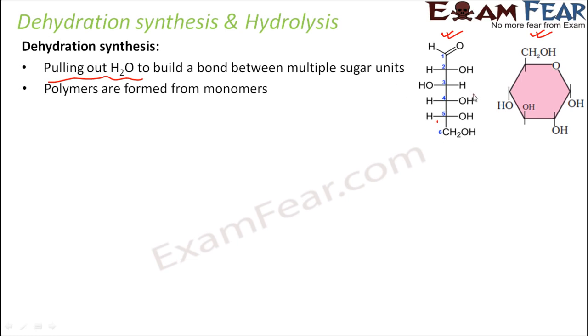There will be one OH here, and another OH in the other molecule. Let us suppose this is the OH of the first glucose. Again, there is another glucose. This also has OH.